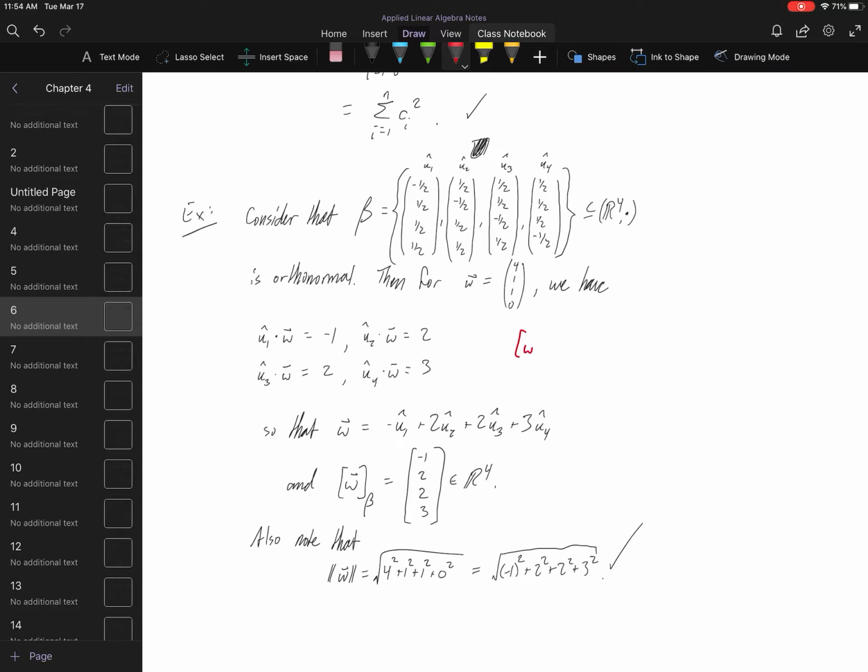But the idea is that all I have to do to get the coordinates, these w beta coordinates, which are going to be some c1, c2, c3, and c4 vector, will be exactly the inner product of u1 hat with w, not w1, just with w. And then the second component, u2 hat with w. Then u3 hat dotted with w. And the last component, u4 hat dotted with w.